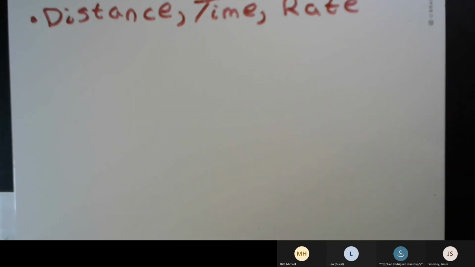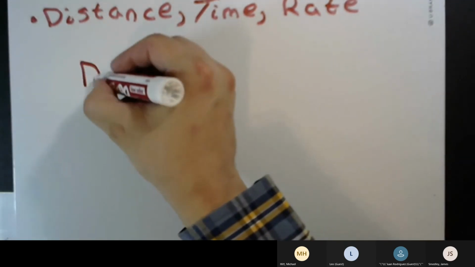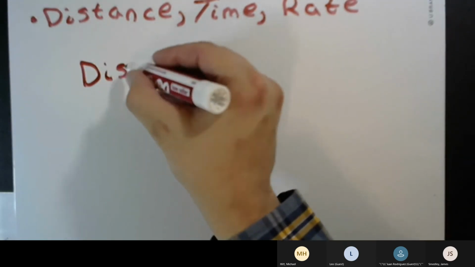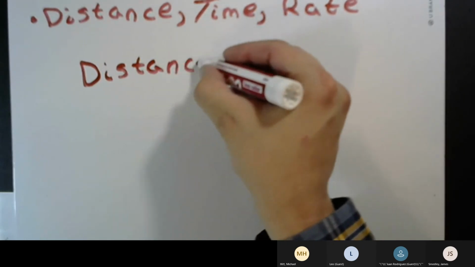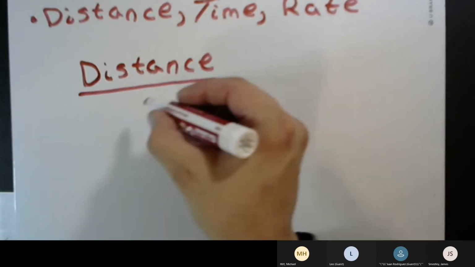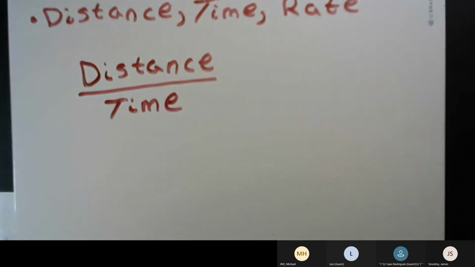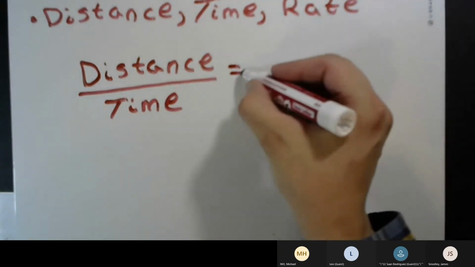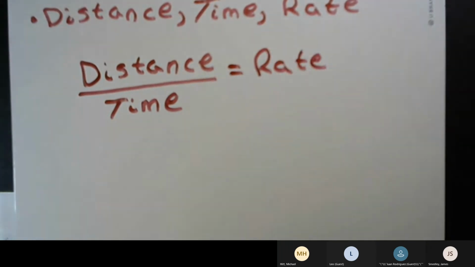Now, we ran into this a little bit with conversions, like miles per hour, and then we want to convert to maybe kilometers per hour, things like that. But the idea is going to be this. Distance divided by time, and again, we use that fraction bar to represent division. That's your rate of travel.